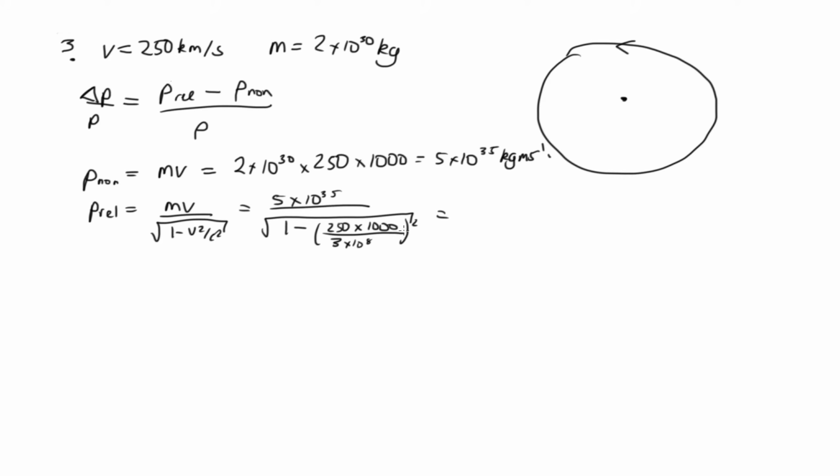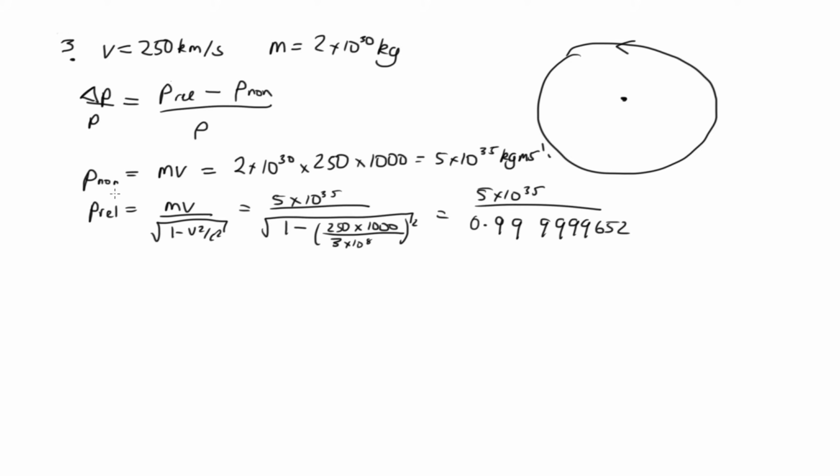And so this is equal to 5 times 10 to the 35 over, putting this in the calculator, we end up with 0.9999999652.